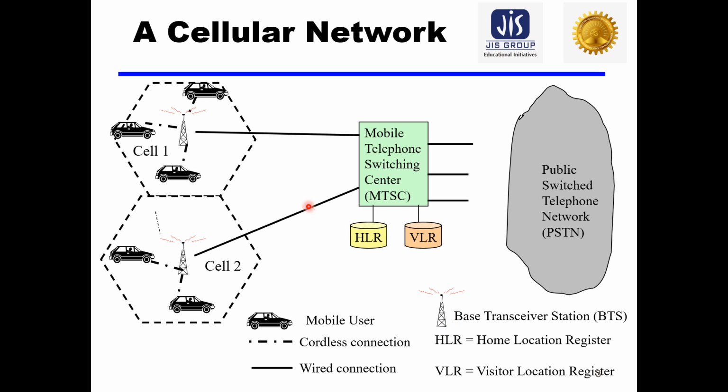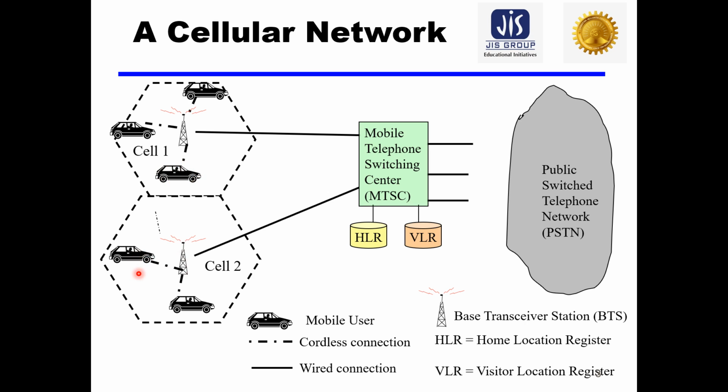And I am showing that this is a typical cellular network architecture, where this one is cell 1. You can see the cell 1 base station is in the middle. This is a tower which serves all the subscribers within the cell, that is number 1, 2, 3. Three subscribers, 3 cars are there. These are mobile cars, showing that they are mobile.